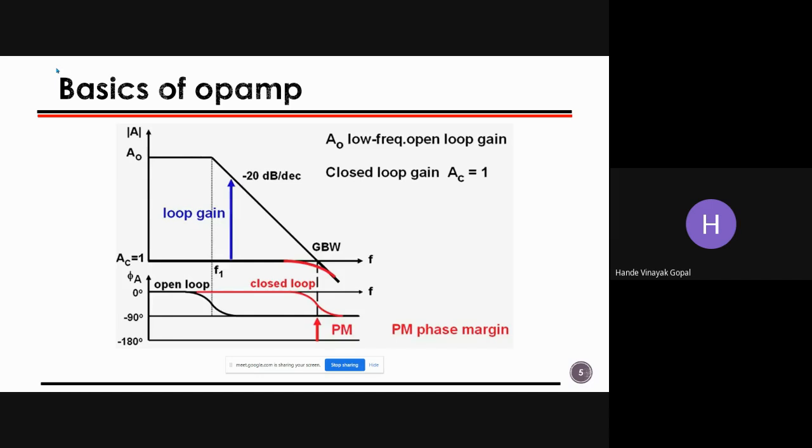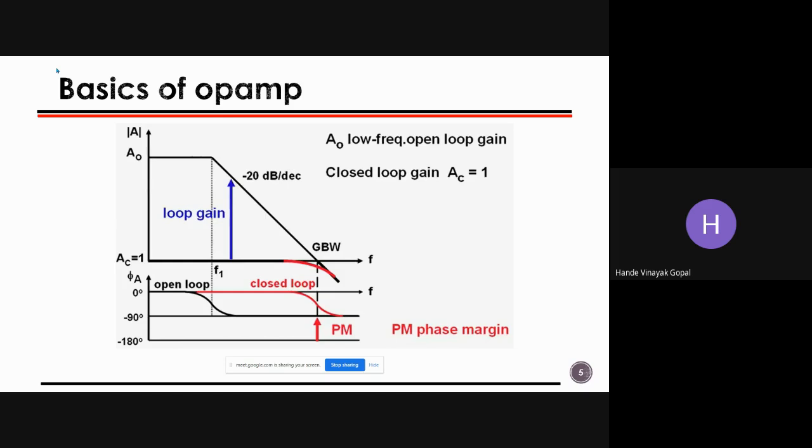Still, people would like to design the dominant pole system. They always try to make their system look like a dominant pole system, so that phase margin is relatively higher and you get a very stable system, right?